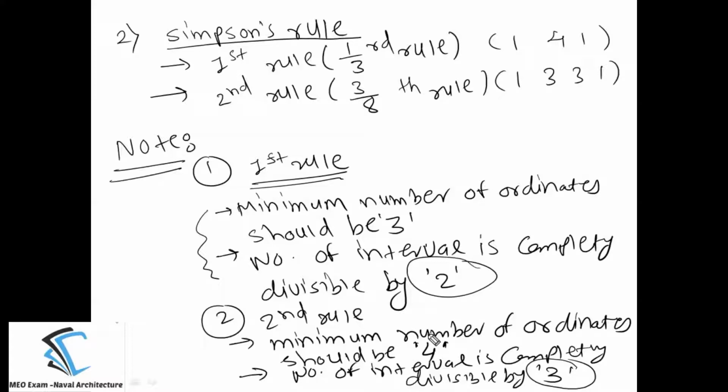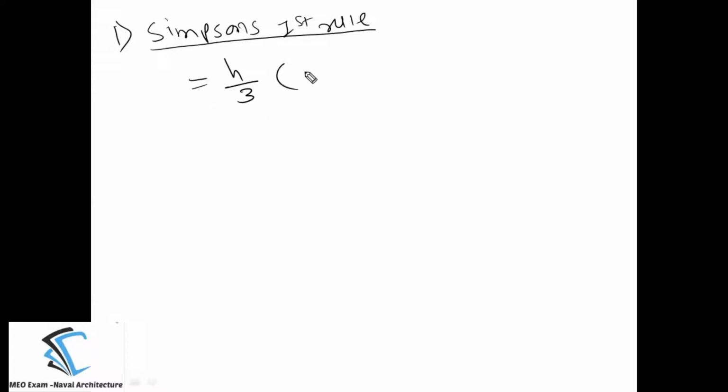Okay, now consider Simpson's first rule. What is the formula for Simpson's first rule? It will be like this: h by 3 into 1y0 plus 4y1 plus 1y2.